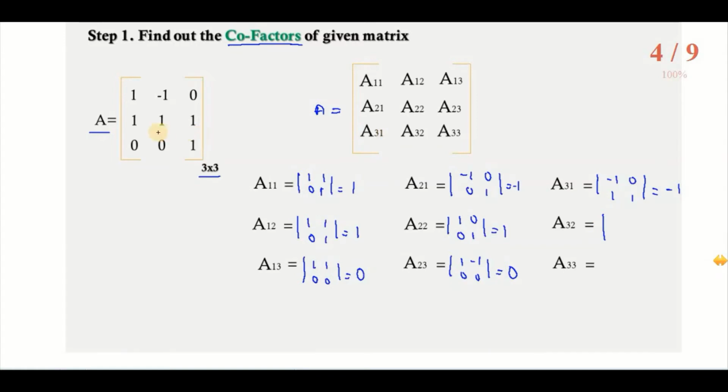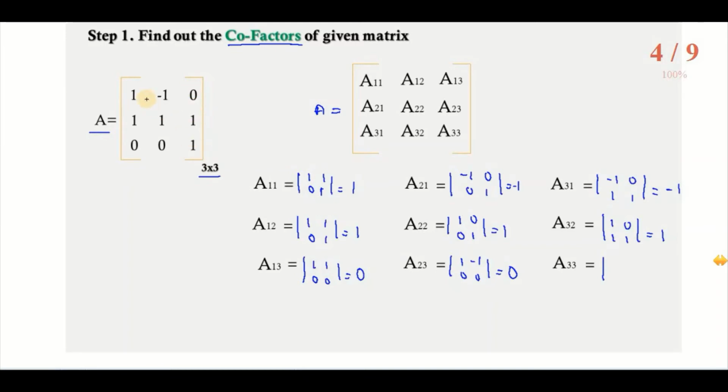Then A32, third row and second column, 1 0 1 1. So we are getting here the value as 1. Now the last one, that is third row, third column.